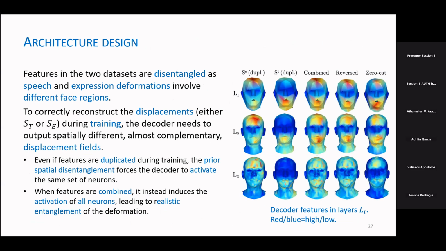Here you can see the output of the layers of the decoder features. And so we also show that using the combination as we have proposed is capable of providing better results than, for example, using the reversed combination or a zero cut. So combining together in the way we have proposed is more effective than the other solutions.